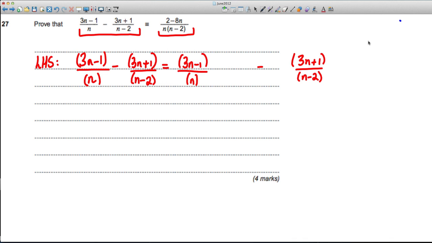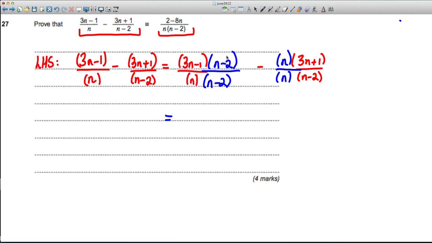What's the lowest common multiple? Well, it's their product, n multiplied by n minus 2. So this one needs to be multiplied by n minus 2, right? And this one already has an n minus 2, needs to be multiplied by n. And then they would be over a common denominator, and you could combine them.